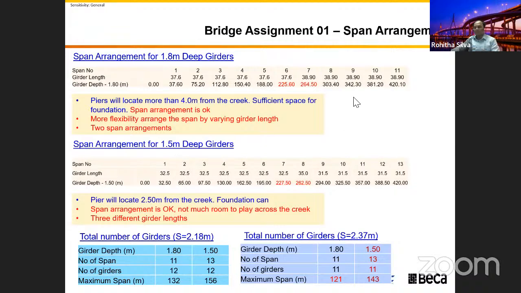The number of span is 11. I go with the girder spacing of 2.8, number of girders 12, then you need 132 girders. The same as if you reduce the girder depth, the number of span is 13, number of girders 12, girders 156.